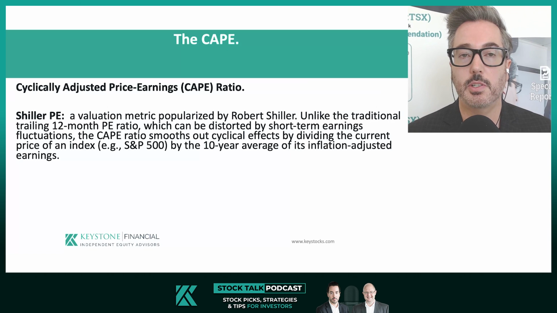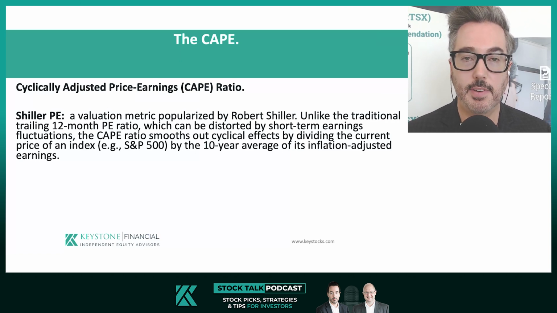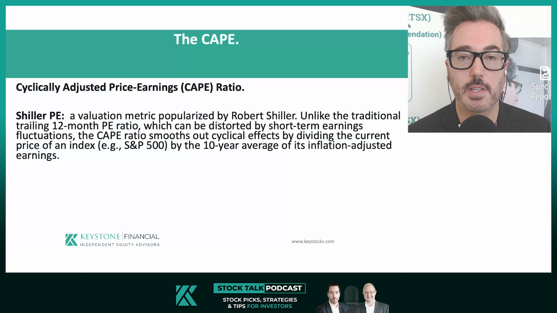It's a valuation metric popularized by American economist Robert Shiller. Unlike the traditional trailing 12-month PE ratio, which can be distorted by short-term earnings fluctuations, the CAPE ratio smooths out cyclical effects by dividing the current price of an index, say the S&P 500, by the 10-year average of its inflation-adjusted earnings.